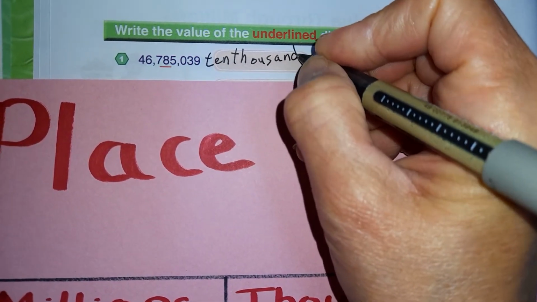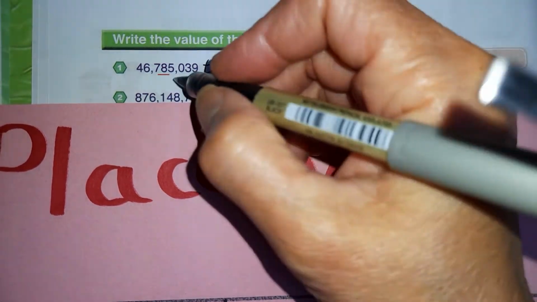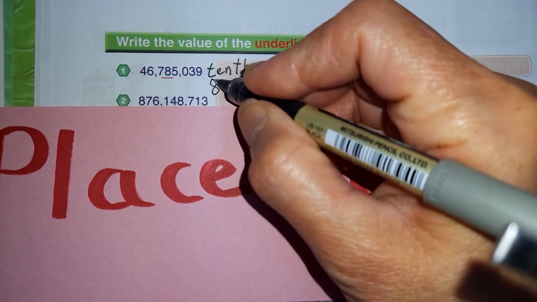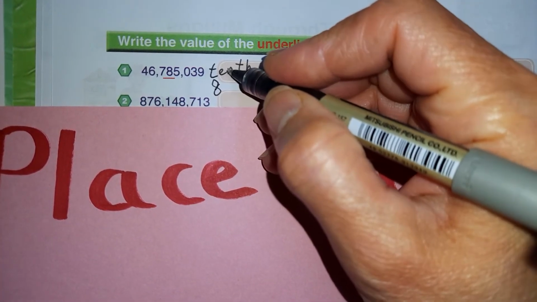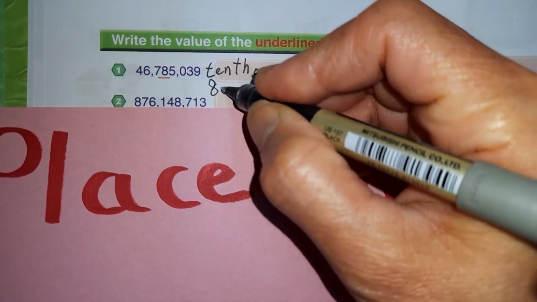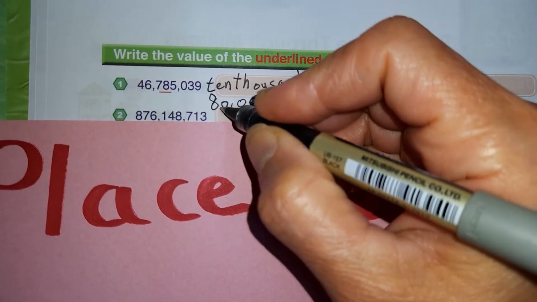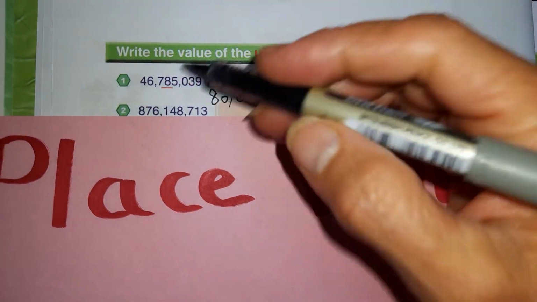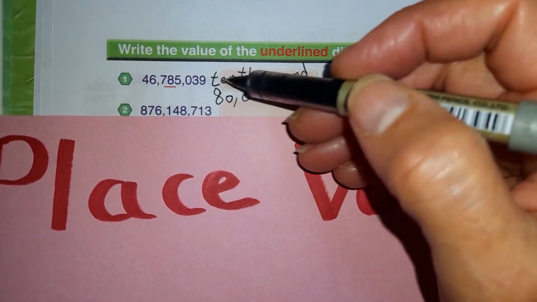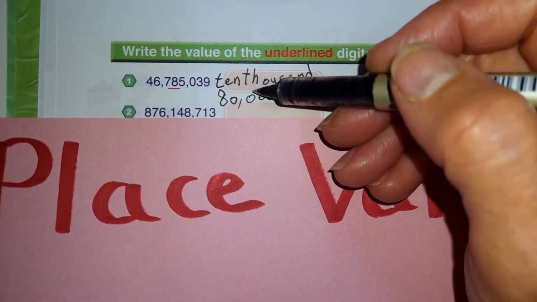Then I will write down the value. The 8 will stay 8. 10 will give us how many zeros? 1 zero. With 1,000, 3. So it is 80,000. So the value of the 8 in 10,000 is 80,000.